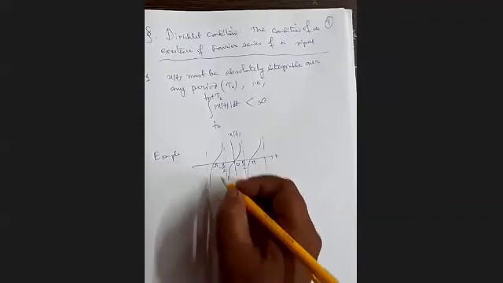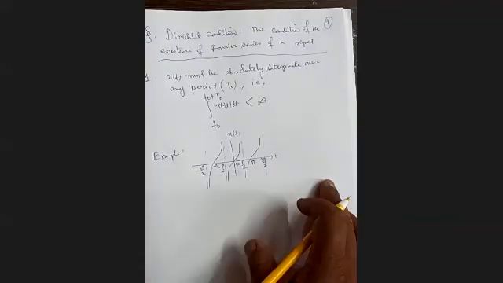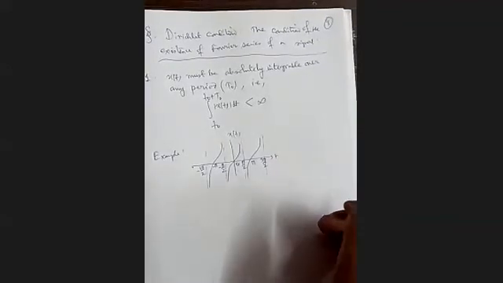So this wave is going on, 3 pi by 2, minus 3 pi by 2. So it's a periodic signal. Clear?